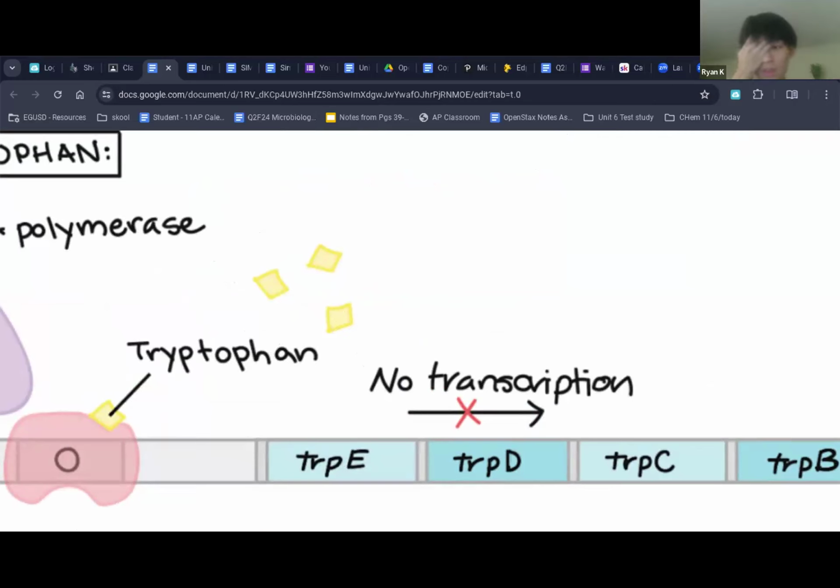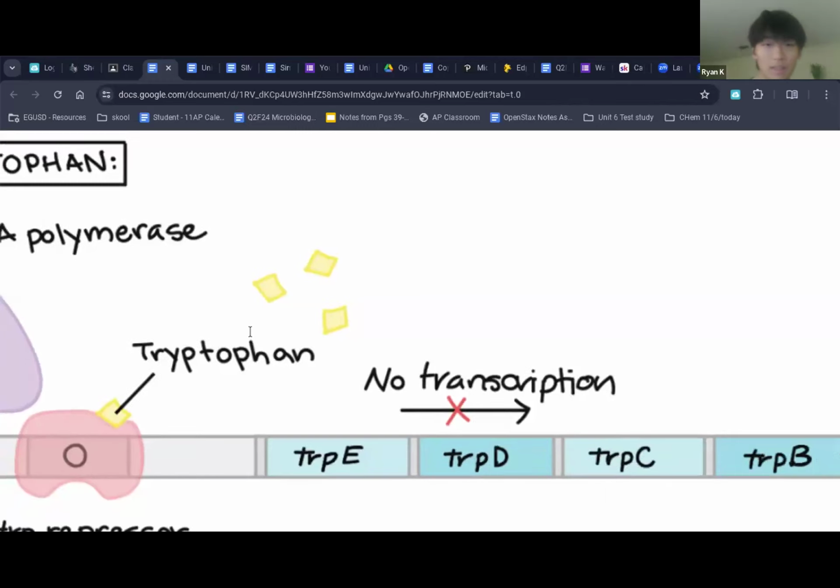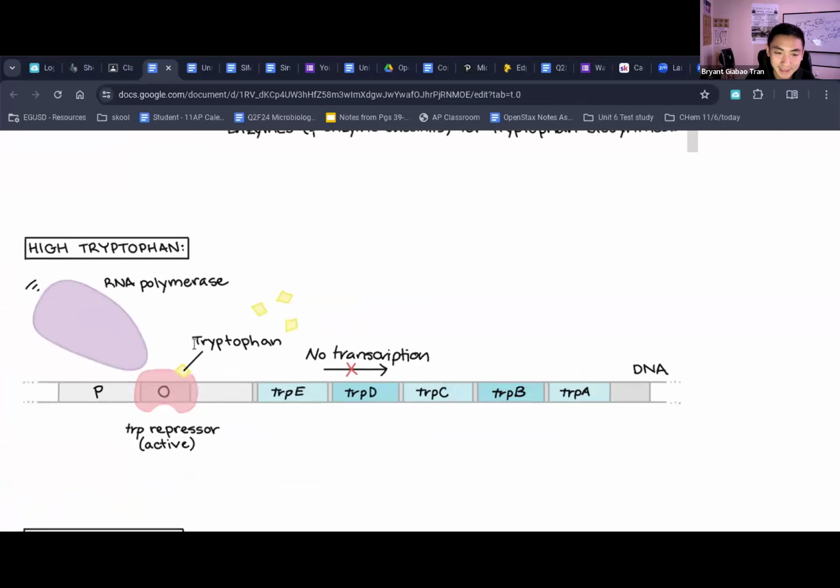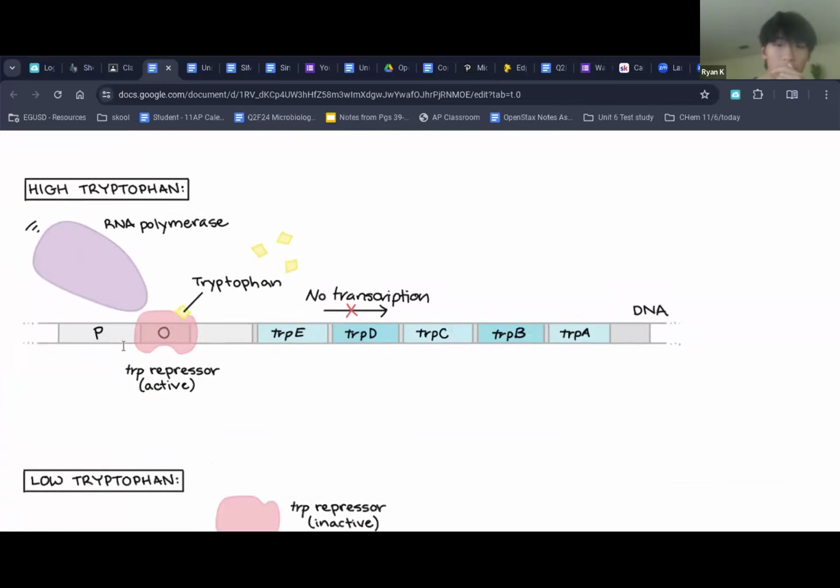And basically it just binds to the repressor, and then it just stops the polymerase from ever reading or transcribing anything.